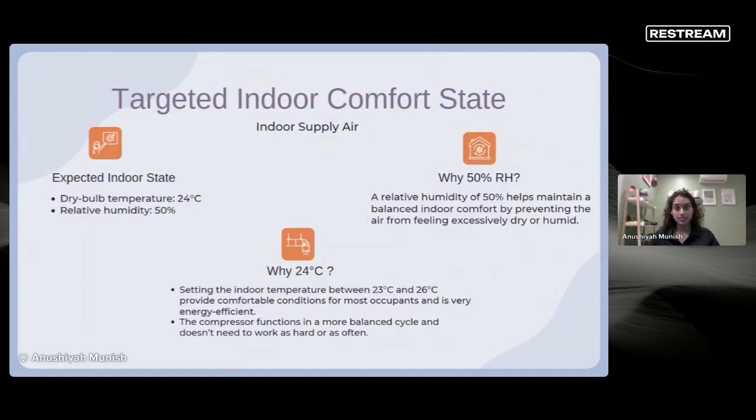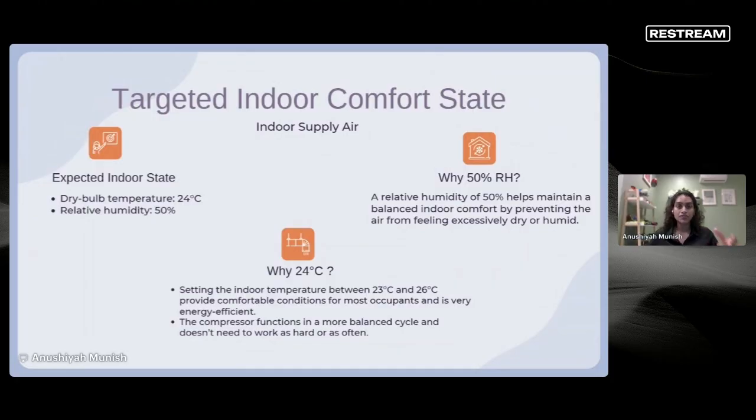Okay, the targeted indoor comfort state, or the indoor supply air: the dry bulb temperature is set to 24 degrees Celsius, whereas the relative humidity is set to 50%. Why 24 degrees Celsius? Because setting the indoor temperature between 23 and 26 degrees Celsius provides comfortable conditions for most occupants and is very energy efficient. The compressor functions at a more balanced cycle and doesn't need to work as hard or as often.